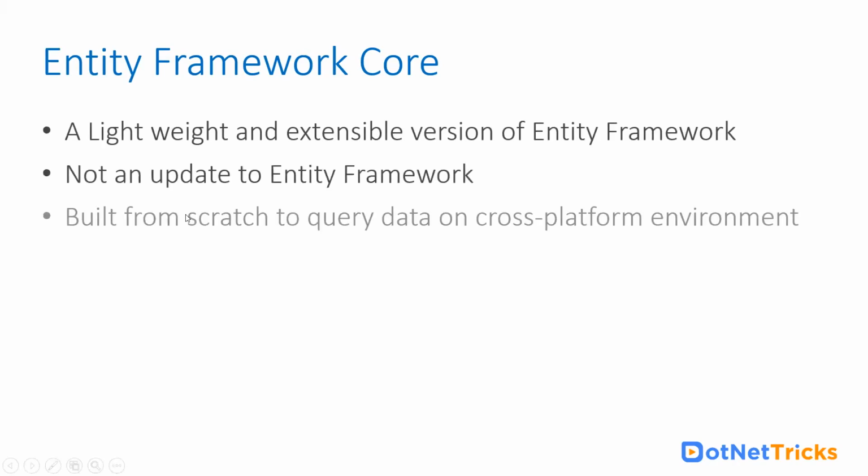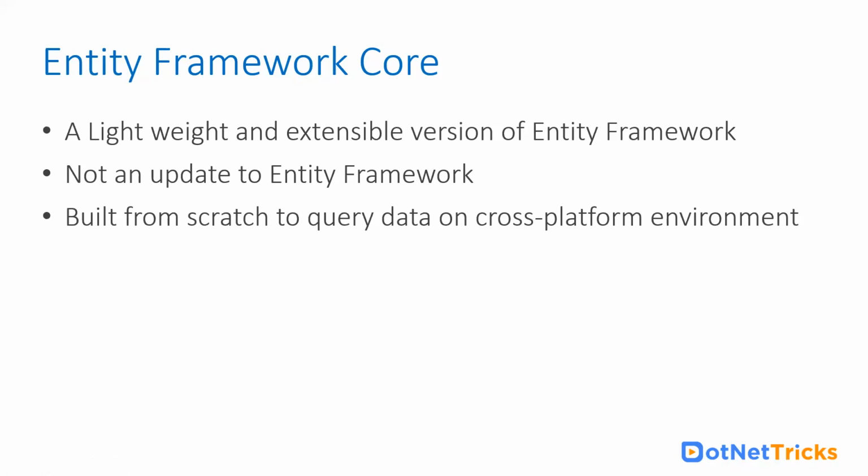Entity Framework Core is a new, lightweight and extensible version of Entity Framework. We already have Entity Framework 6.x, which we use with ASP.NET MVC 5 to query the database in an object-oriented fashion.